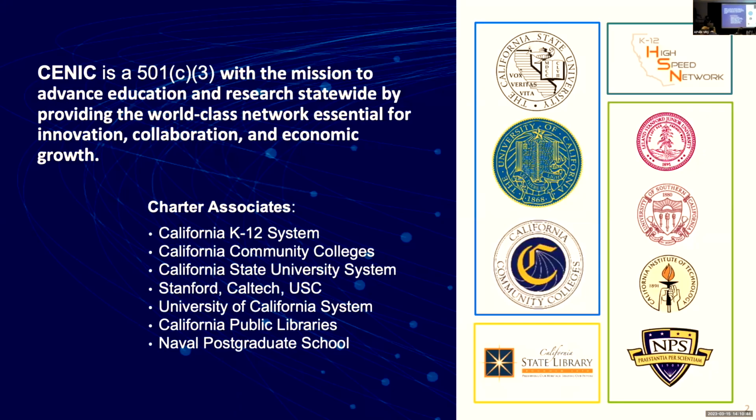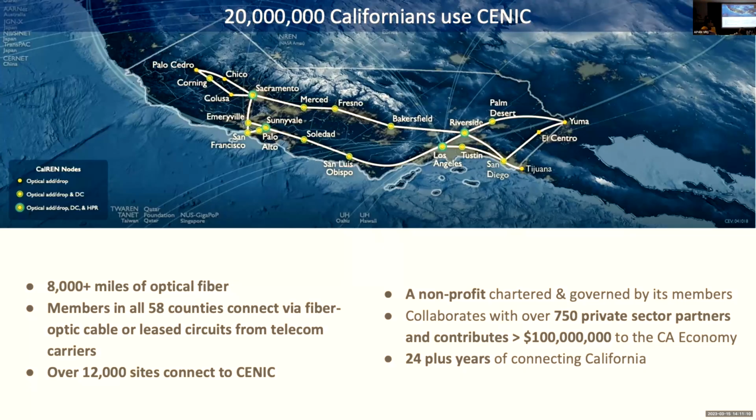So just if you're not familiar with CENIC, we're California's regional research and education network. We have charter associates like our community colleges, the Cal State University system, UC system, and private universities like Stanford, Caltech, USC, as well as libraries and Naval Postgraduate School. This is just an overview of our network.